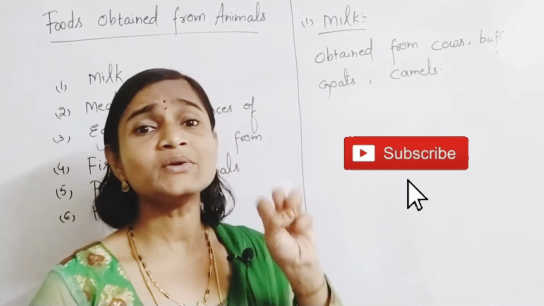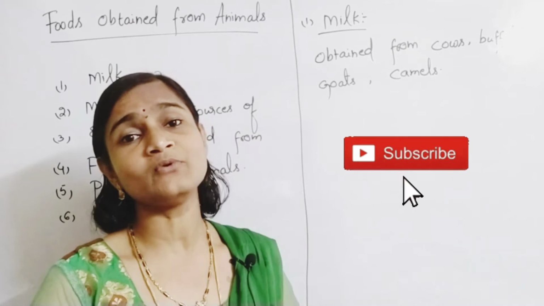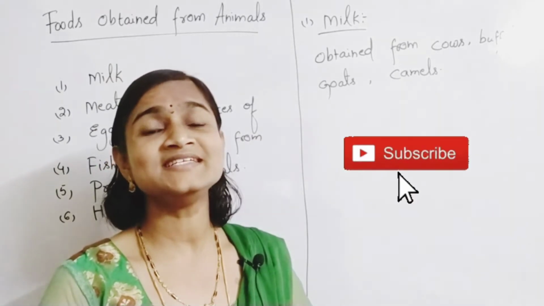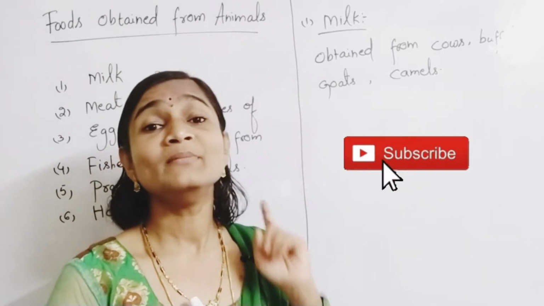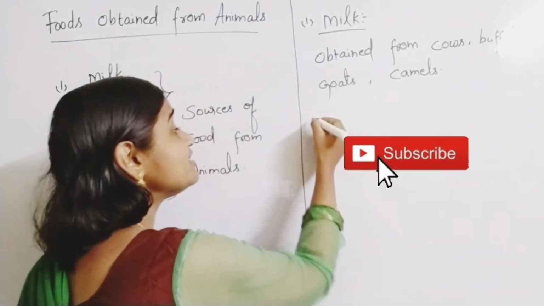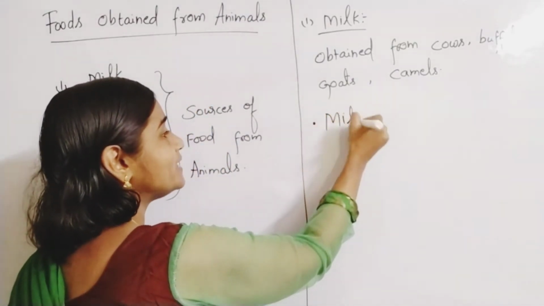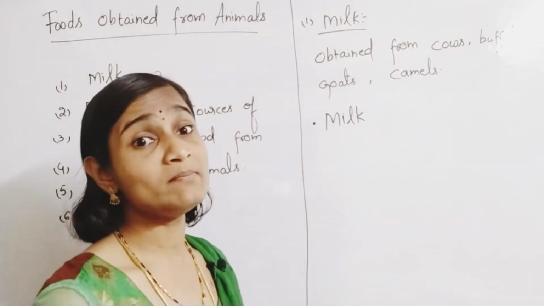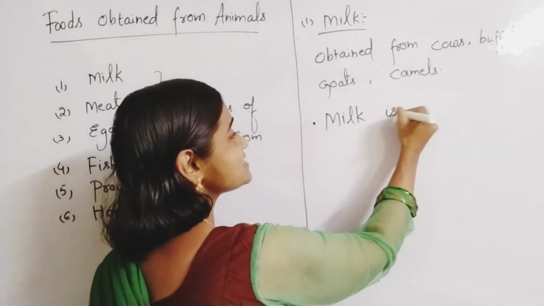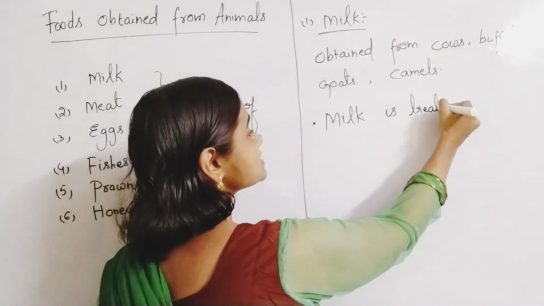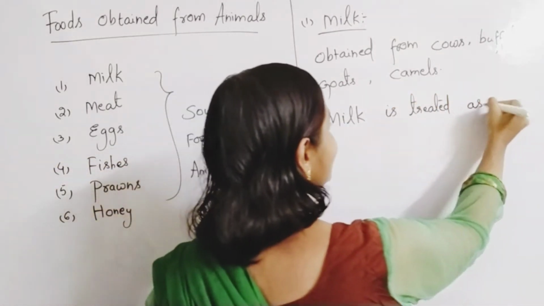All the different types of components of food are present in one single substance, that is milk. So milk is said to be a complete food. You will get this as a very important 1 mark question, so you have to concentrate on this. Milk is called a complete food.